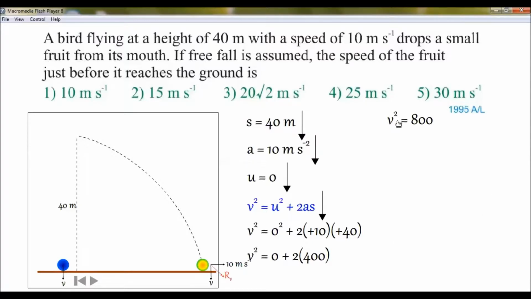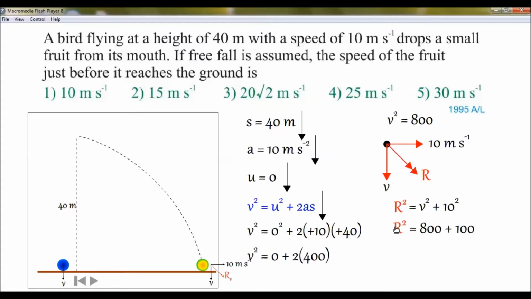So if this is the fruit, there is a horizontal component of velocity acting on it, 10 meters per second, and also a vertical velocity component, which we found as v. For these two there is a resultant that we are going to find. The resultant squared equals v squared plus 10 squared, and v squared we found as 800, plus 100.